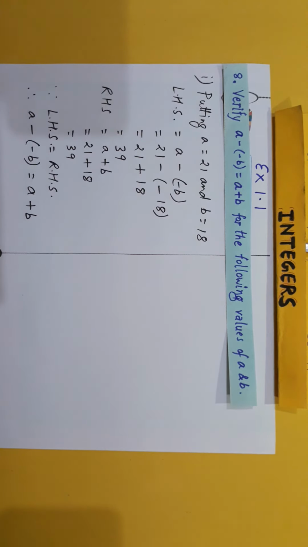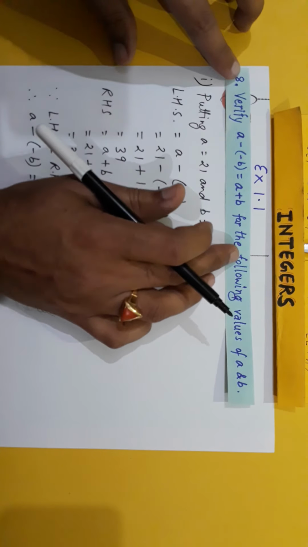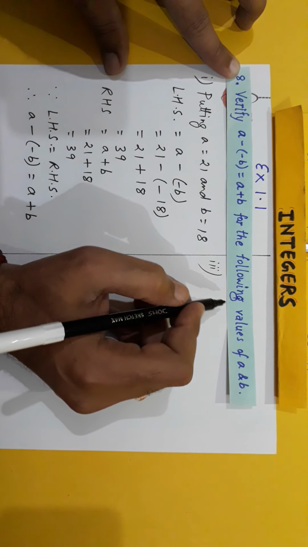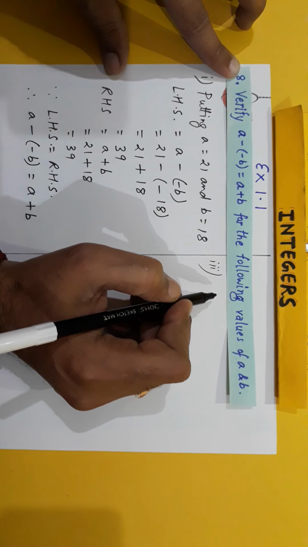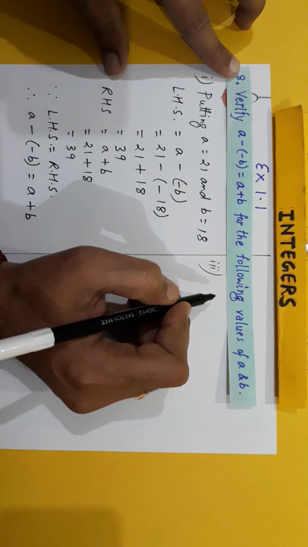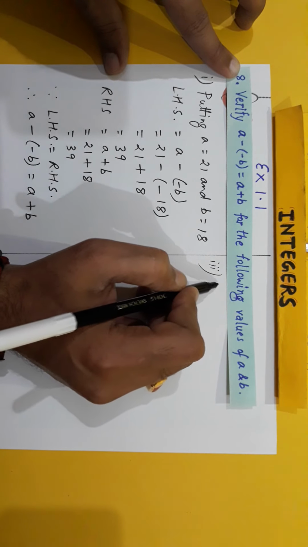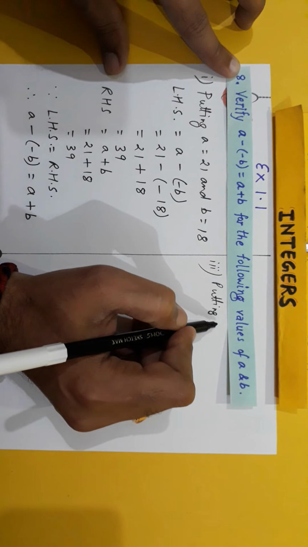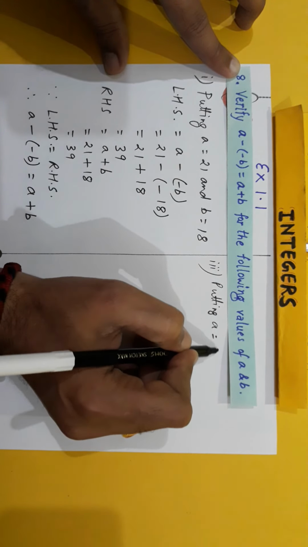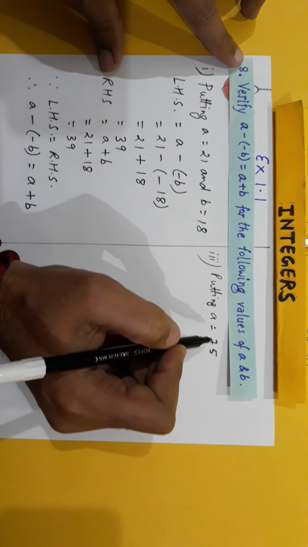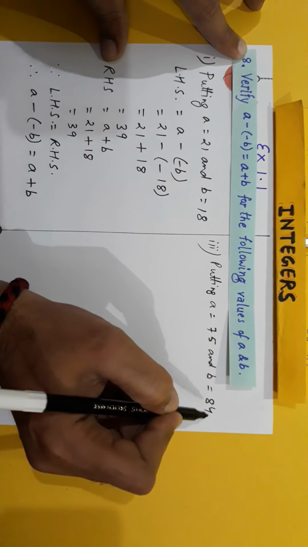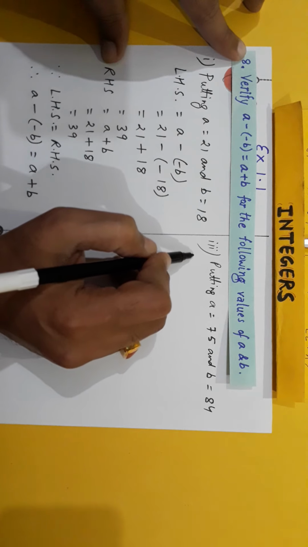After the first part, now we are going to do the third part. In the third part, the value of a is given 75 and the value of b is given 84. So putting a equals 75 and b equals 84. Right, now I have taken LHS.